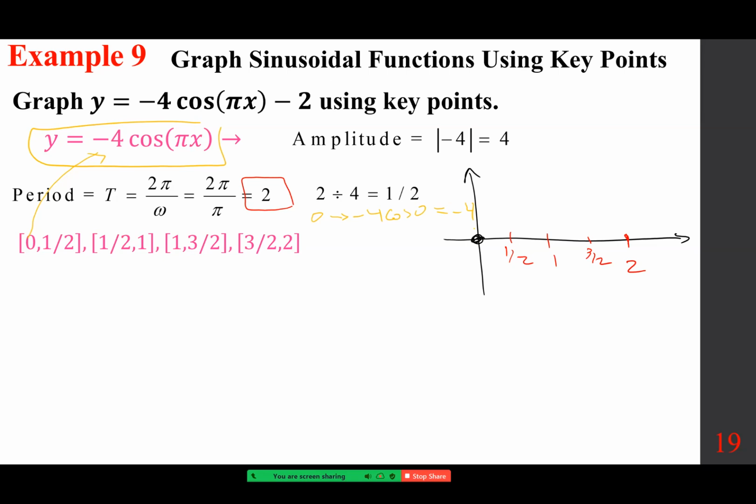So just right then and there, let's assume this is 0, -4. If I plug in 1/2, I get -4 times cosine of pi over 2, which is 0, so I get 0. That means I'm here.